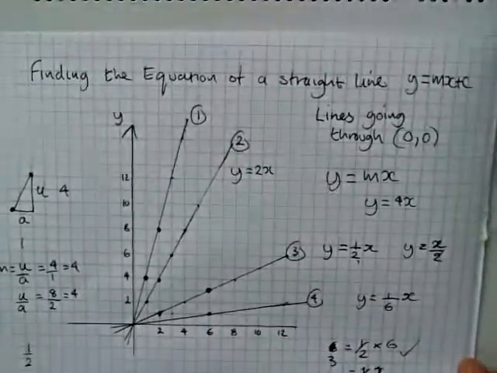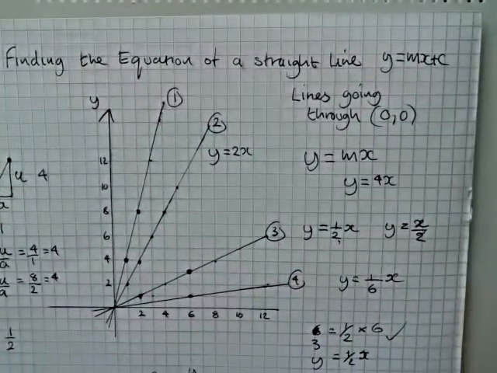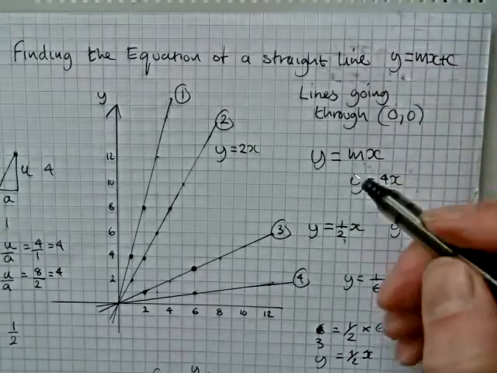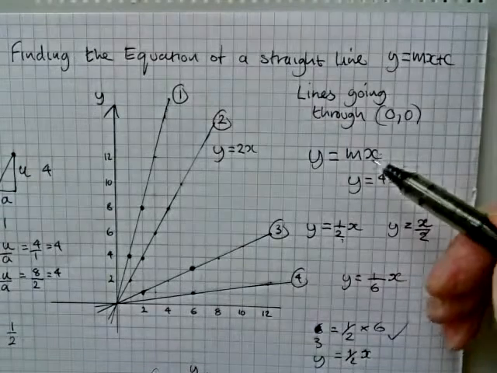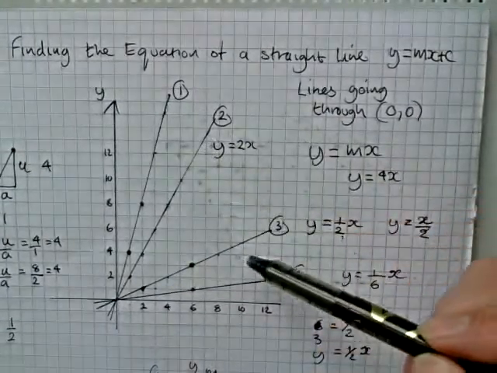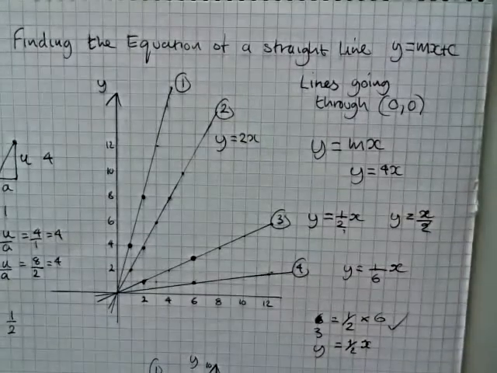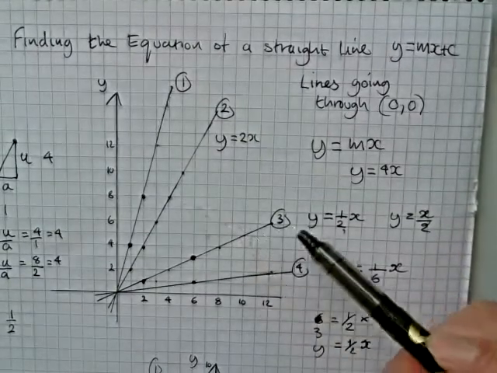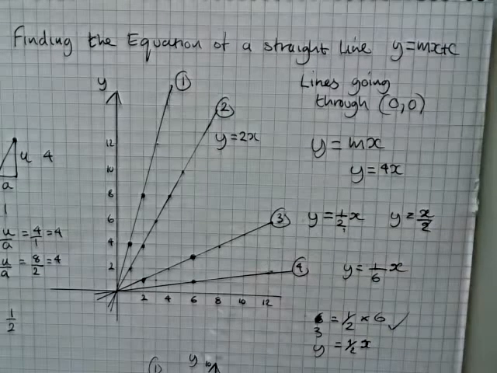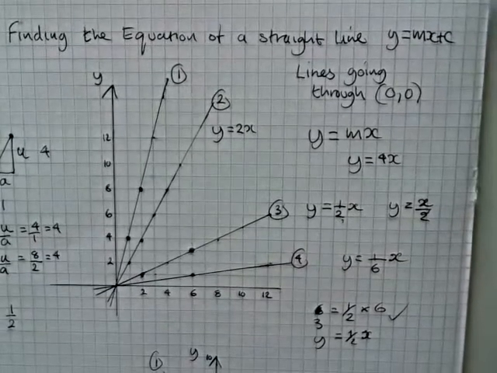So that covers all instances of lines in the form y equals mx. Every line y equals mx goes through 0, 0. Some have positive gradients, some have negative gradients, some have positive gradients that are fractions, and some have negative gradients that are fractions. Okay, that's the end of this first part.